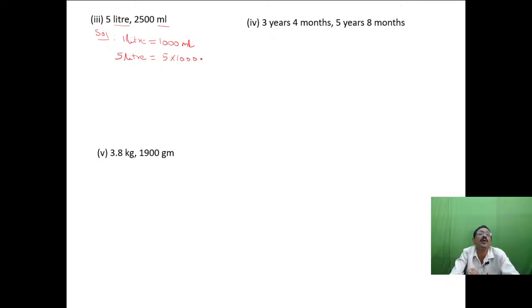Now 5 into 1000 will give me how much? 5000 milliliters. If you keep in mind 5000, can we do anything to this? No, we don't have to do anything to this because it is already in milliliters. So there's no need to convert this.